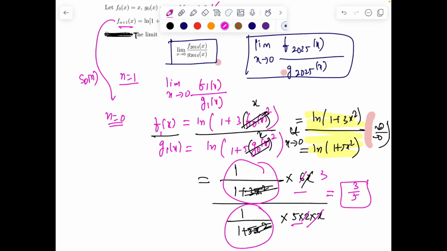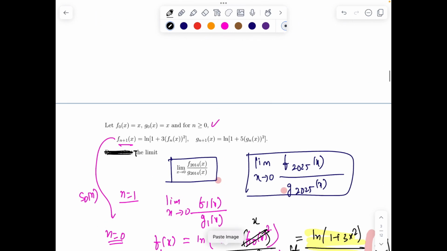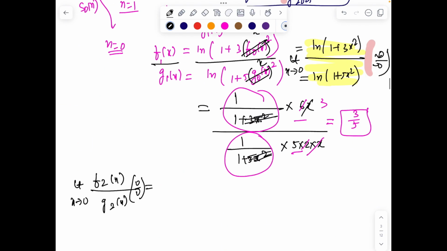Now similarly, how to do it for f2x? So f2x can also be found from here. f2x divided by g2x, limit x tends to 0. Again you can see it will go to 0 by 0 form. You can clearly check that, because if fn is going towards 0 then fn plus 1 is also going towards 0, and if gn is going towards 0 then ln 1 is also going towards 0, right?